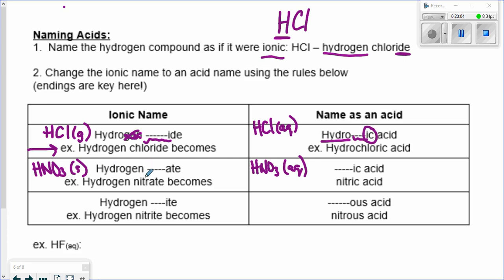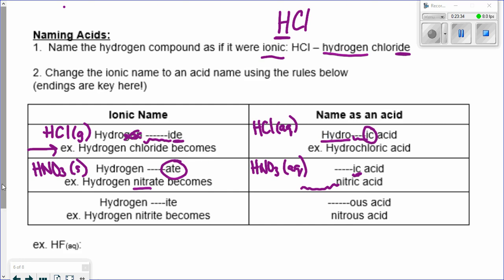Remember that the part that's blocked out with the dots here is nitr. So we name this nitric acid. You see here, there's no hydro in front of it. So when the ending is ATE, it just becomes ic. When the ending is IDE, it's ic, but there's a hydro in front. So that's a differentiation we need to make.